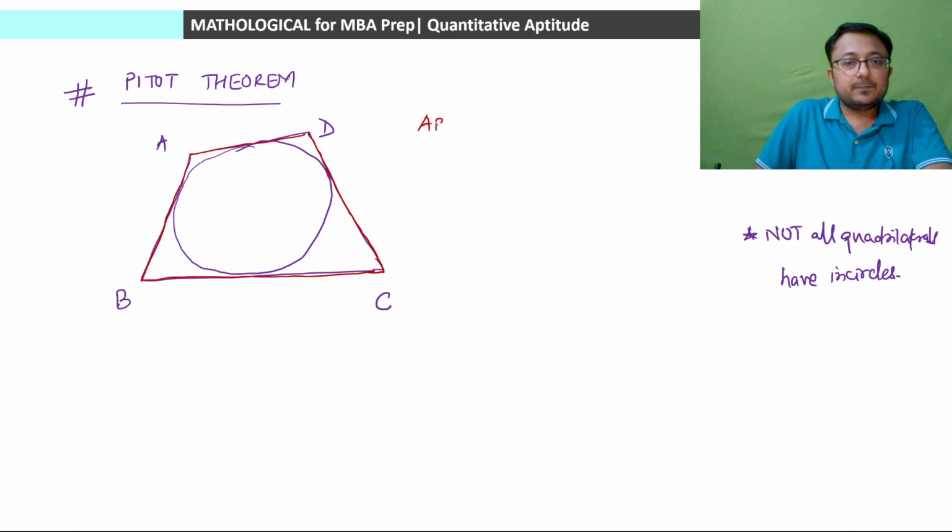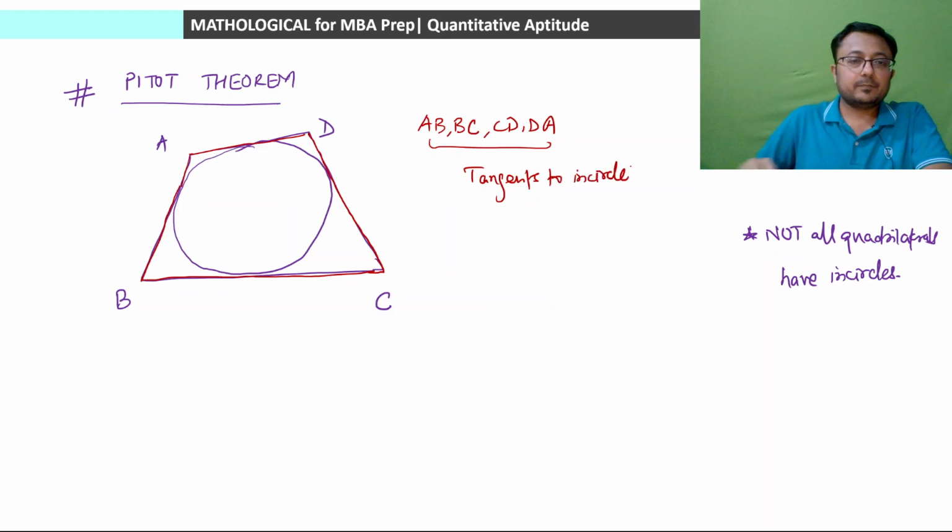So AB, BC, CD and DA are all tangents to the circle. That is why this is also called a tangential quadrilateral, because all sides are tangent to the circle.